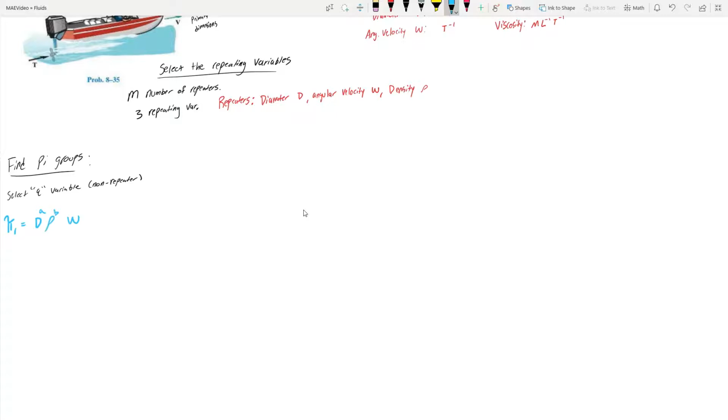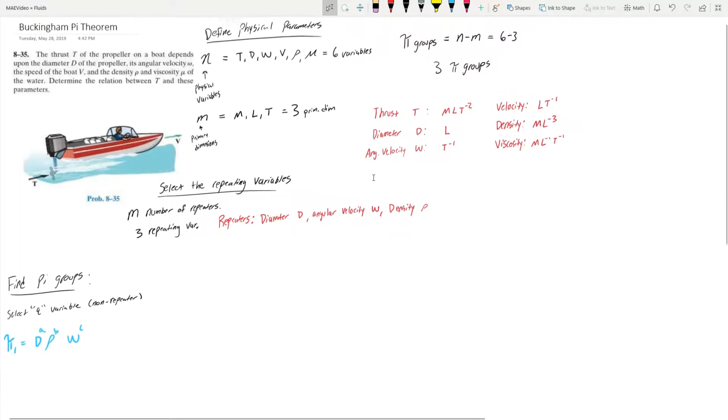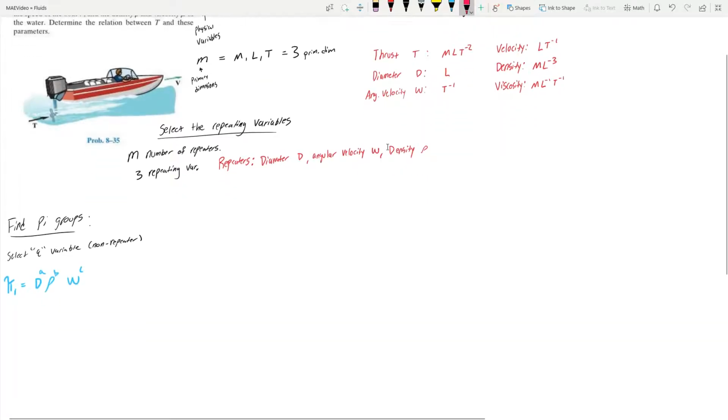So let's do density to the b, omega to the c. And then our q. So in our case, our first q, let's go ahead and just say that's going to be thrust, because our diameter here is a repeater. Angular velocity is a repeater. Density is a repeater. So then we're going to thrust to the first power.